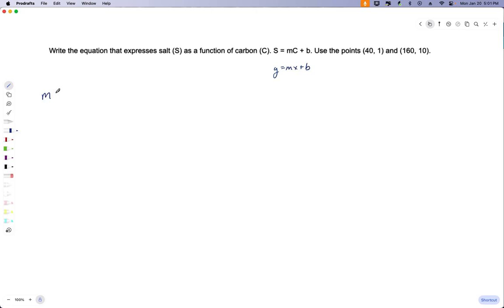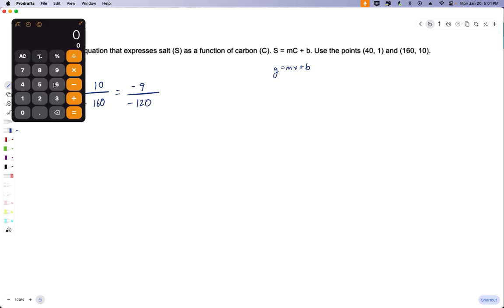So m is going to be equal to 1 over 40 minus 10 over 160, which is going to equal negative 9 over negative 120. So when I do that calculation, 9 divided by 120, I get 0.075.